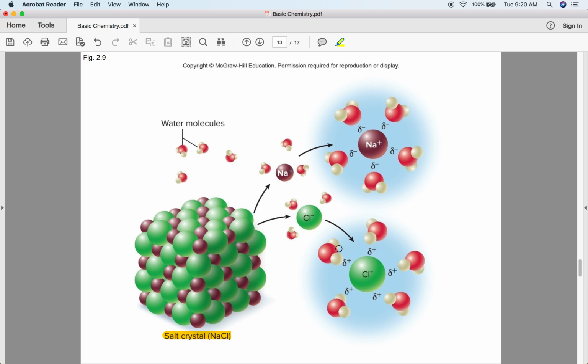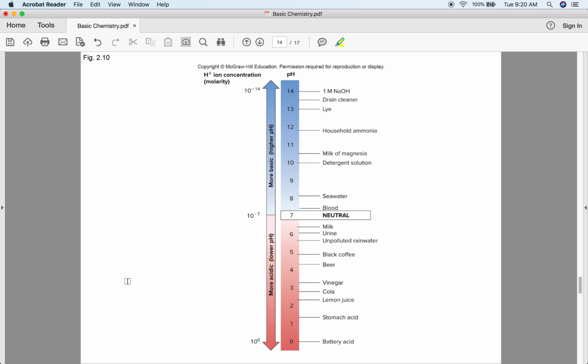And then the positive hydrogen atoms are going to move around the chloride ion. That's going to pull or push the sodium and chloride apart, and it will basically dissociate in water, which is why you can put so much salt in water. As you add those crystals, they disappear quickly, and it's basically because it's being hydrated. So anything that is either polar or ionic will dissolve in water, which is an important thing to keep in mind. Polar molecules, or likes dissolve likes. So things with charge dissolve well in water.